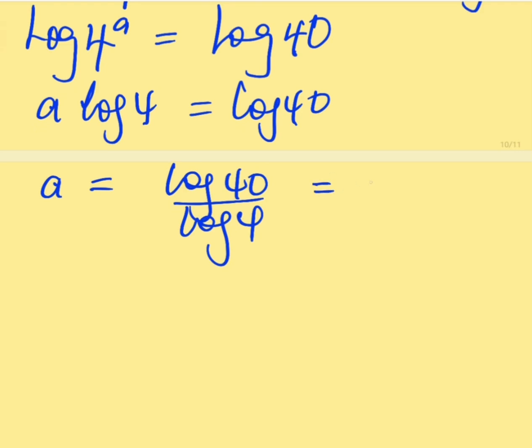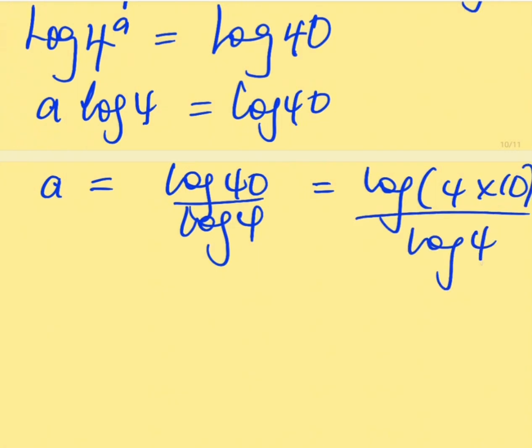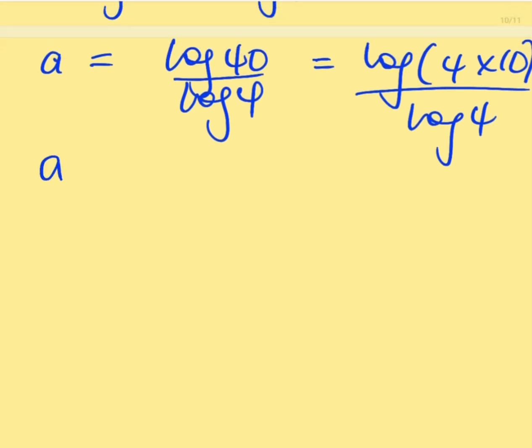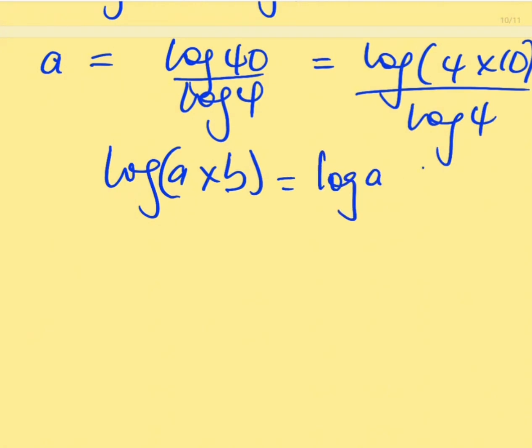Do you know that log 40 can be split into log 4 times 10, right? Then we still have our log 4. Therefore, from logarithm laws, when you have log a times b, this is the same thing as log a plus log b, right?